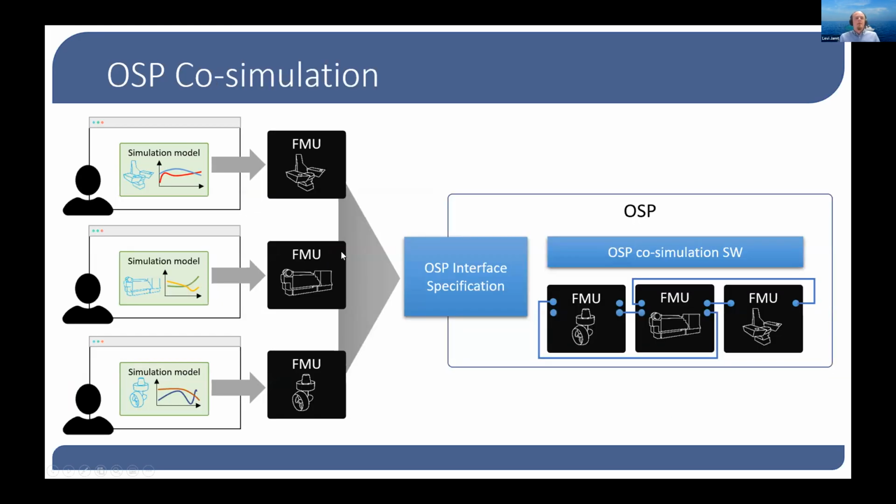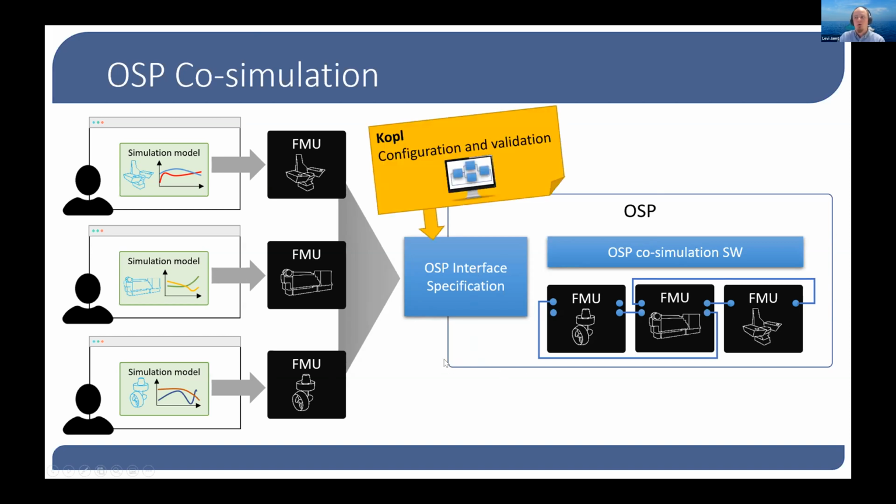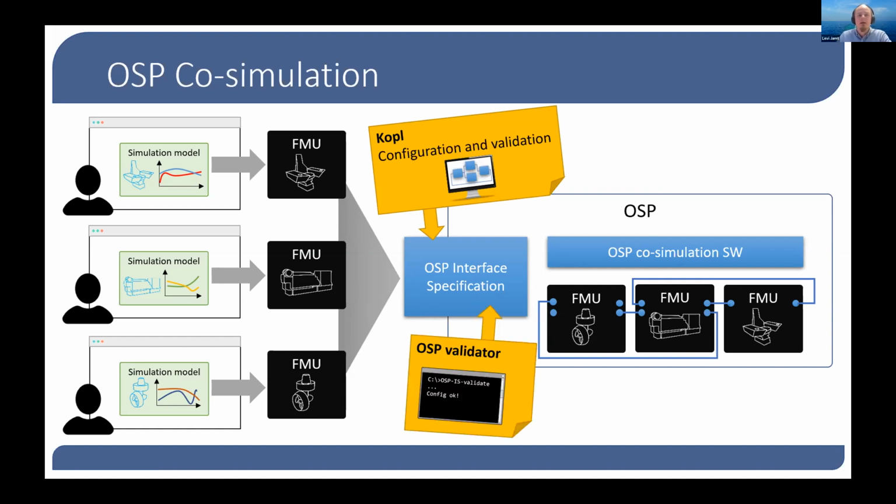And here we see the Co-simulation overview that Kristine presented in the beginning. And I think it can be useful to highlight where the OSP software tools come into play to help you create the system configuration. You can use Couple. To validate your configuration, you use the validator, either standalone or within Couple.